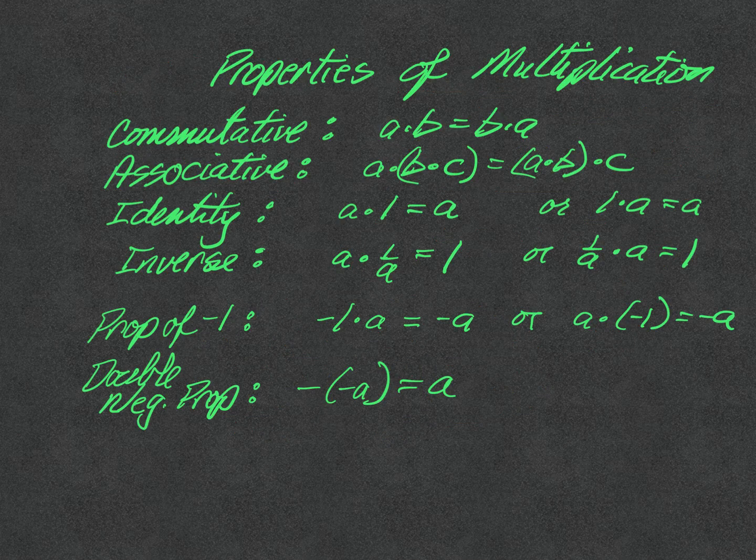So one of the next things we come across then are the properties of strictly multiplication, the things we need to know. Now, even with negative signs, or all real numbers, so all positives, all negatives, no matter what kind of number you have, multiplication is going to be commutative and associative. Remember, commutative changes the position of the numbers.